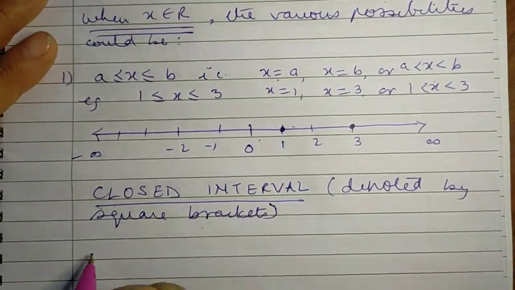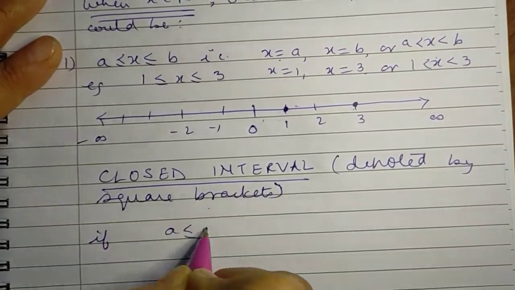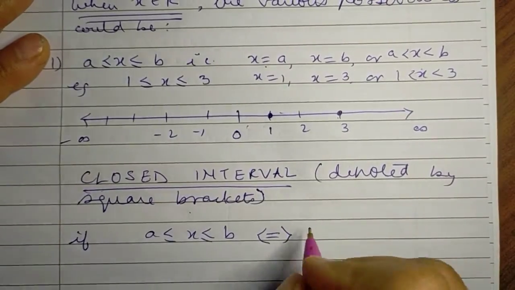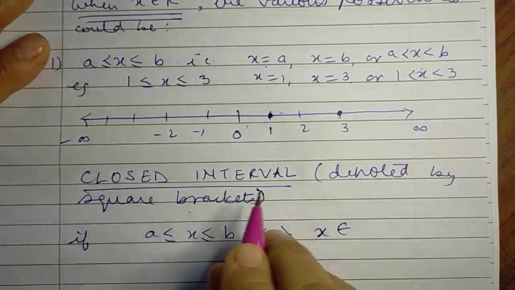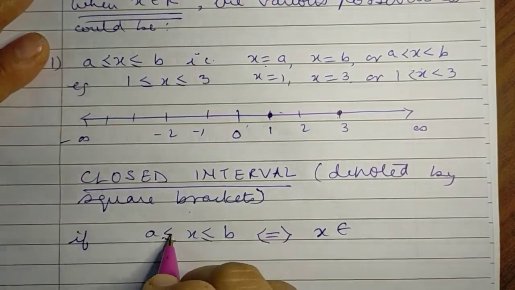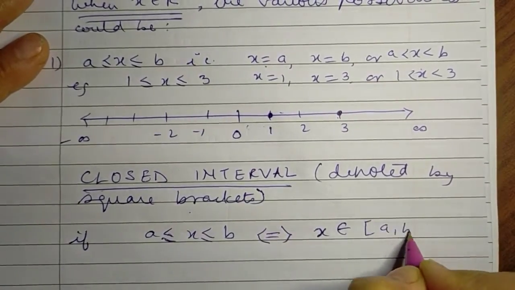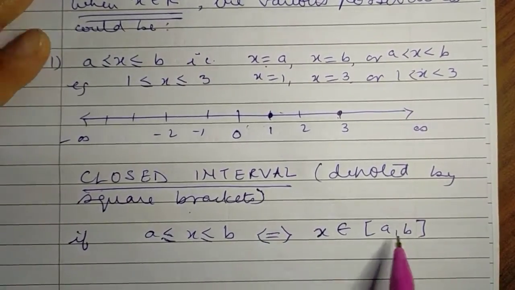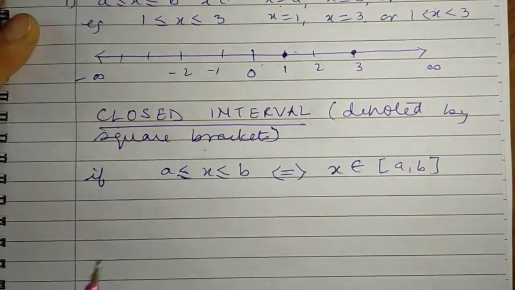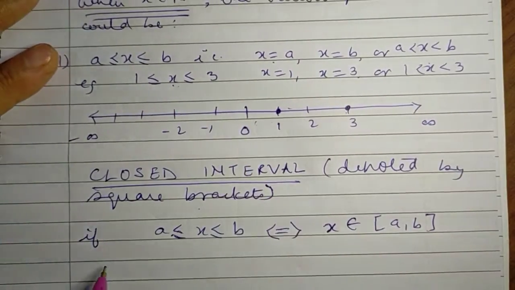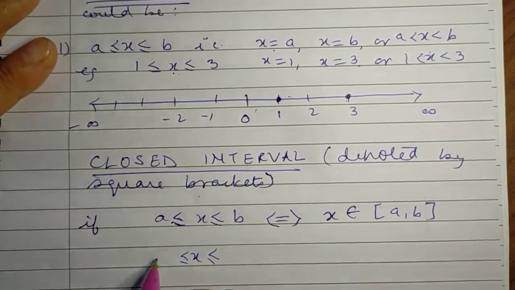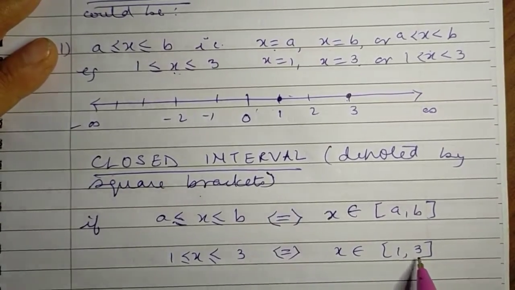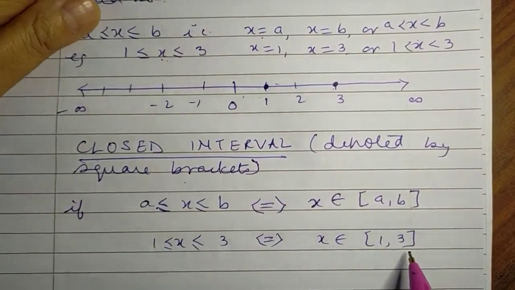That is, a less than or equal to x less than or equal to b implies and is implied by x belongs to a closed interval. That is, it includes the endpoints, and it is denoted by writing both the endpoints and enclosing them within square brackets. In the same way, if x lies between 1 and 3, we can write x belongs to 1 comma 3, enclosed within square brackets.